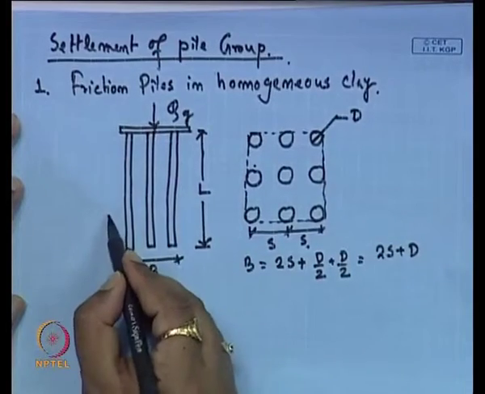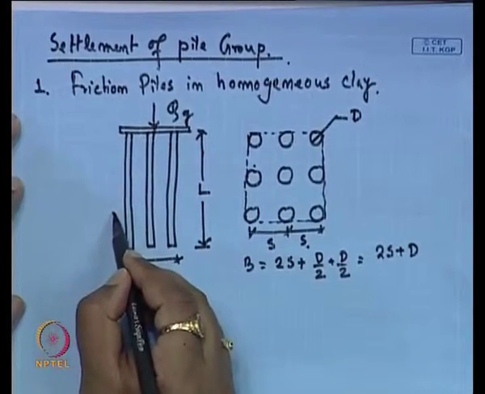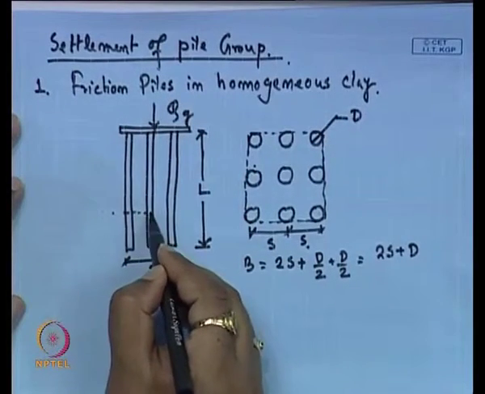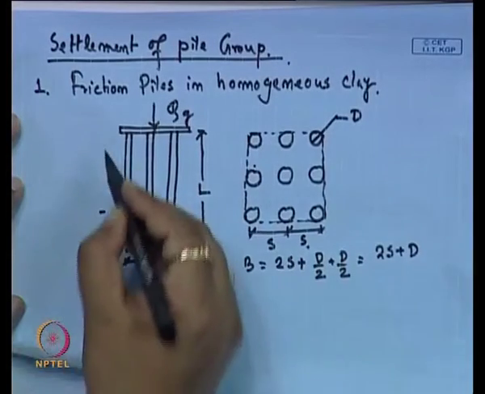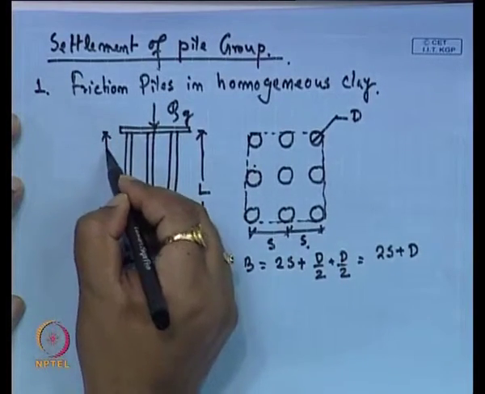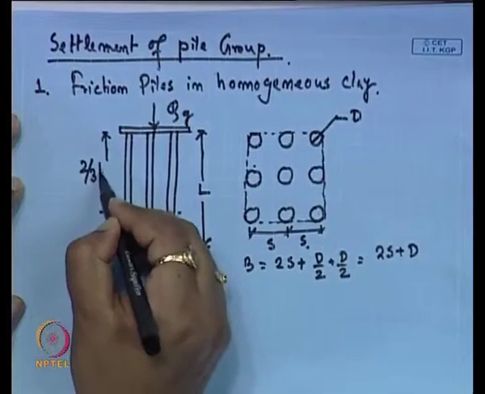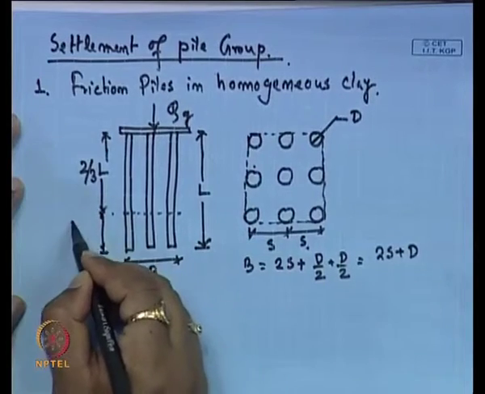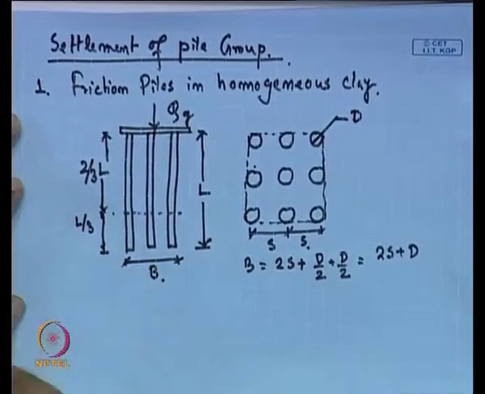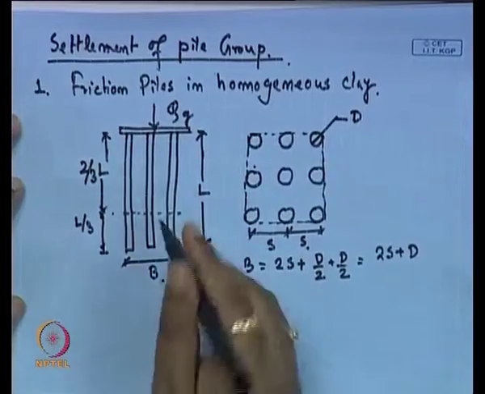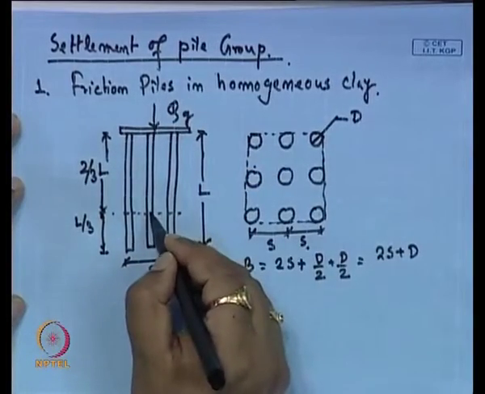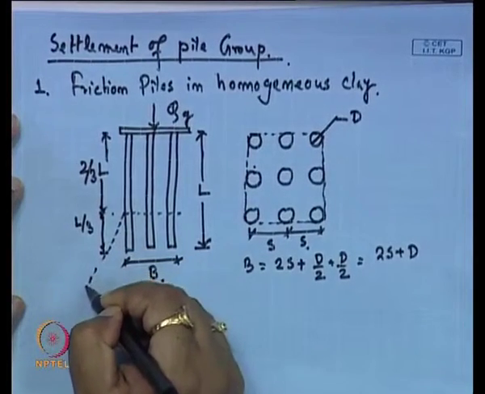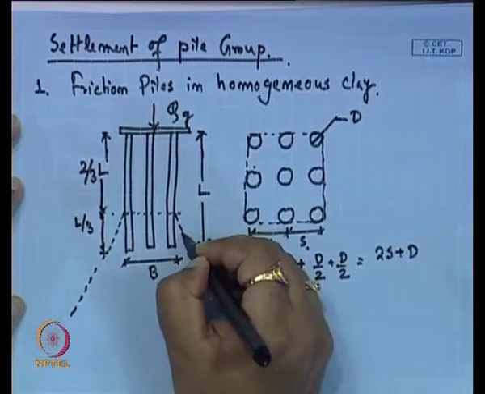Now, here it is recommended that you take it as if the total load is transferred at this level. The distance from the top is 2/3 L, and this distance is L by 3. As if all this Q load is transferred at this level, then it is distributed into the ground.